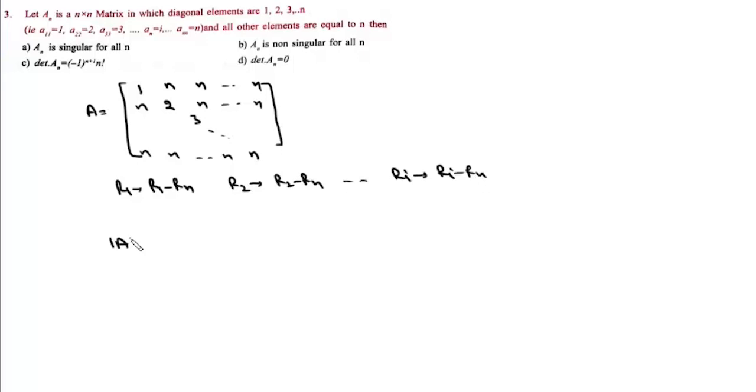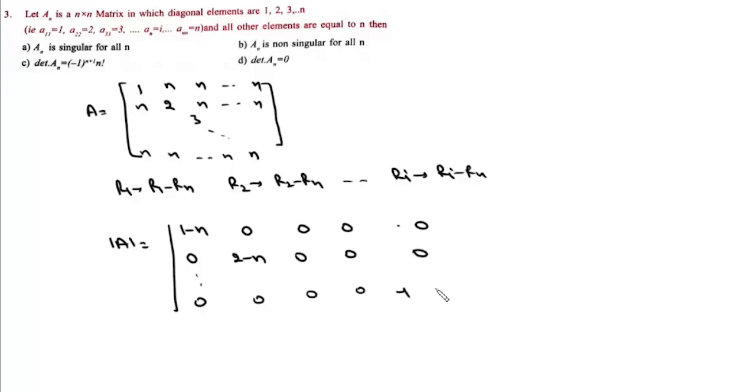Now we can write this determinant of A as, now this is 1 minus n, 0, 0, 0. This is 0, 2 minus n, 0, 0, and then 0, 0, 0, 0, n minus 1 minus n, which is minus 1, 0, and then it will be n, n, n, all n's.